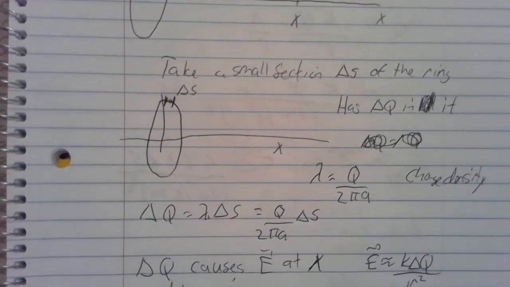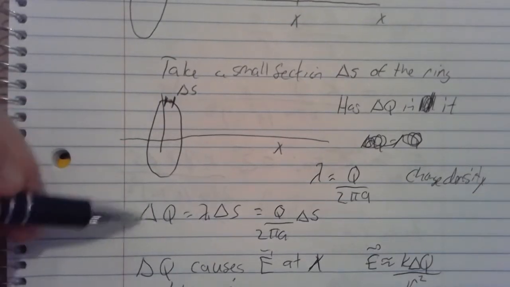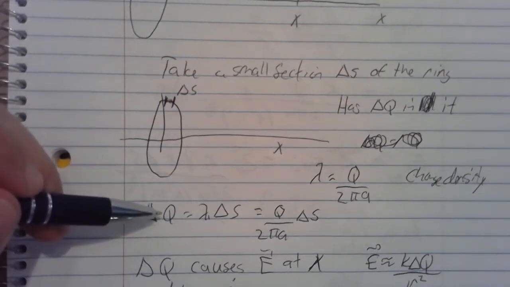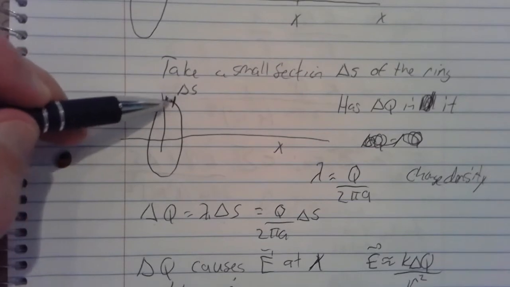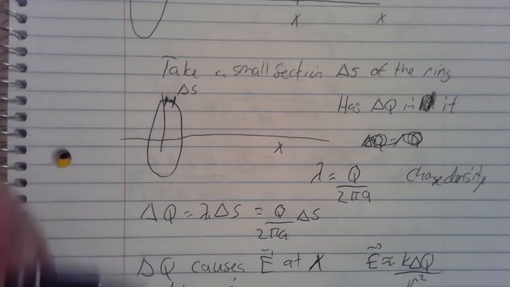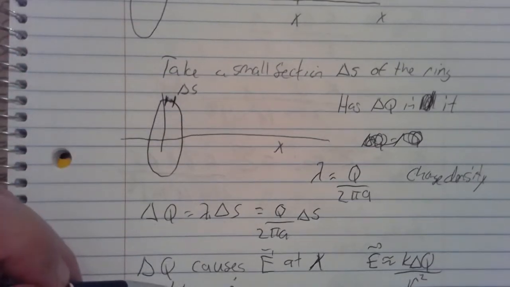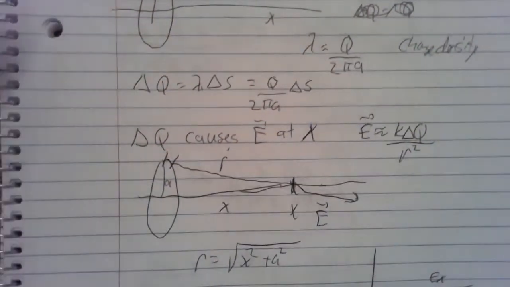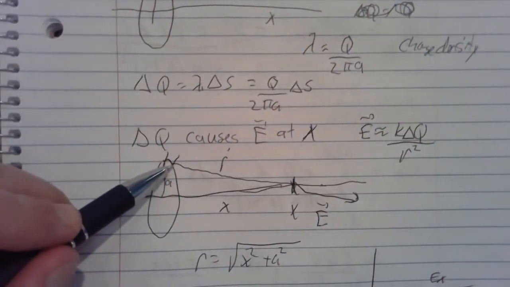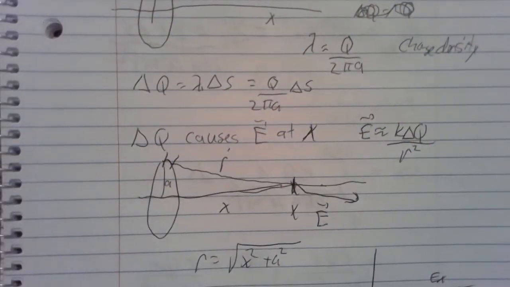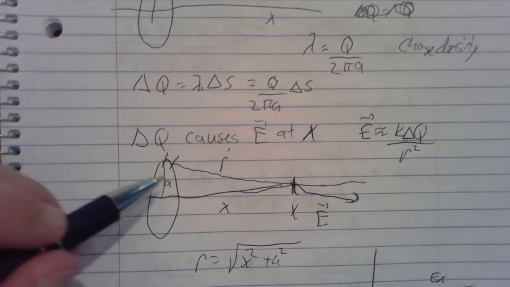Okay, we're going to treat that little delta Q there as a point charge. We're going to pretend that delta s is small enough that all of that charge is concentrated at a single point out here. And then when we take the limit as delta s goes to 0, that becomes an okay approximation.